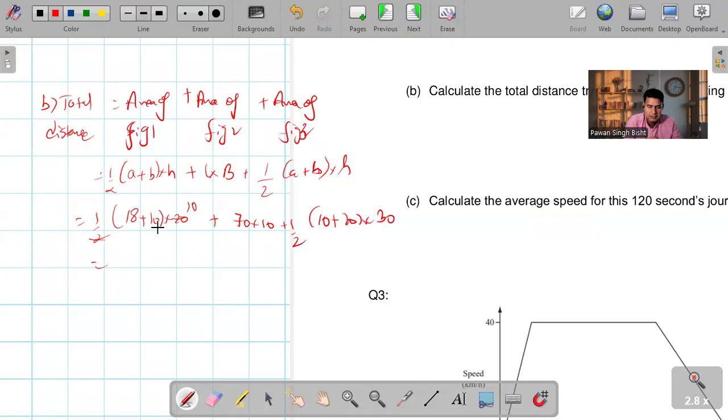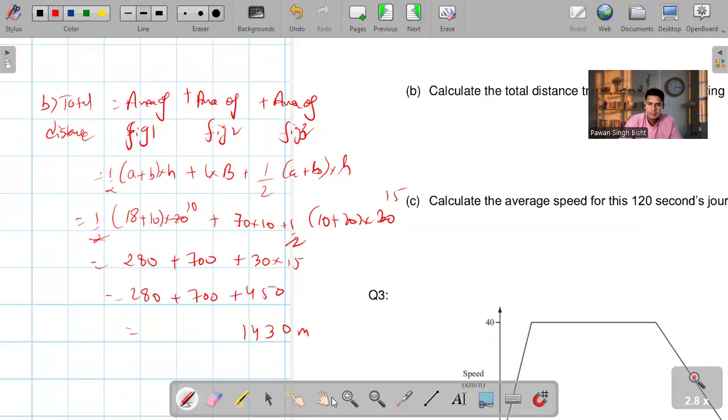Okay, so 18 plus 10 is 28. 28 times 10 is 280, plus 700, plus half times 30 times 15, which is 450. 280 plus 700 plus 450. Add it, 1430 meter. That is the total distance traveled, right?